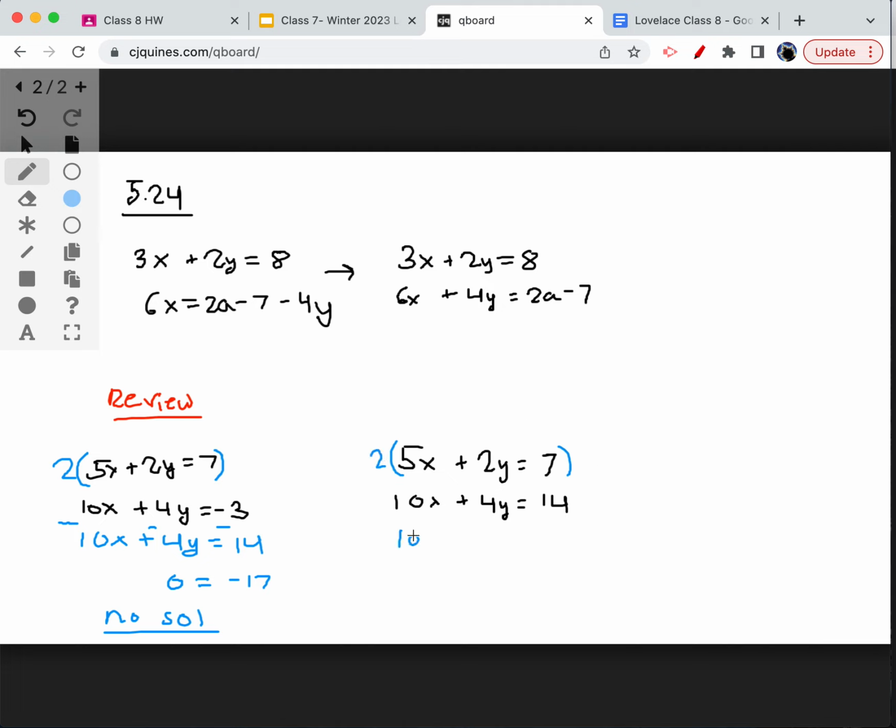So then we get 10x plus 4y is equal to 14. So now if we subtract the blue equation from the black equation, we get 0 is equal to 0. And this is true, so that means that there's infinite solutions.